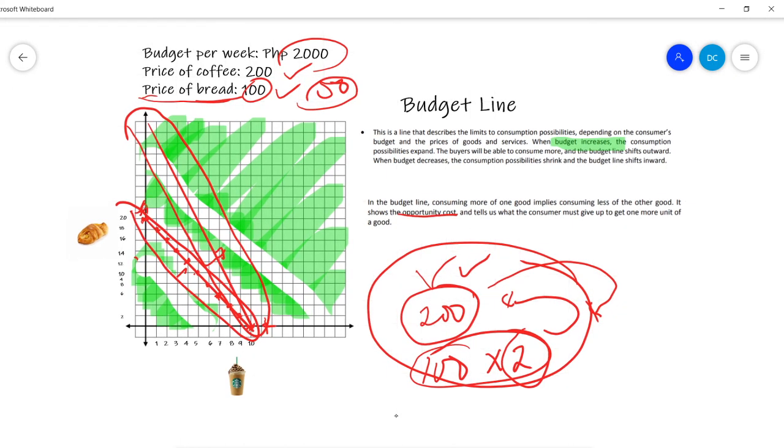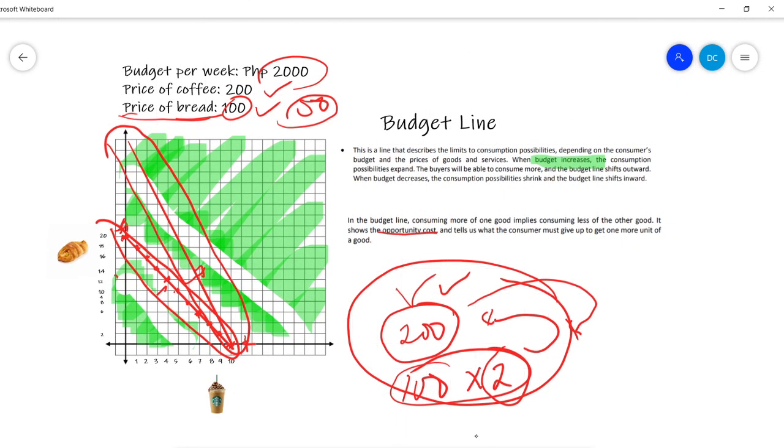I hope you've been able to understand how budget and income affect our choices when it comes to consumption, buying and consumption. Okay? We desire more, gusto natin ng mas madami, but there's something that limits us from having them all or having more. And that is the concept of the budget line or the budget or the income.